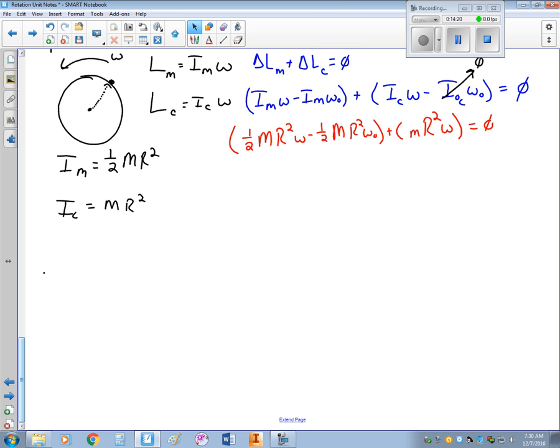And that's important because we see that the r squareds all cancel. So it doesn't matter what the radius of this is.